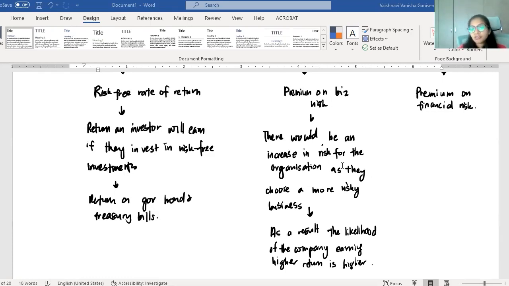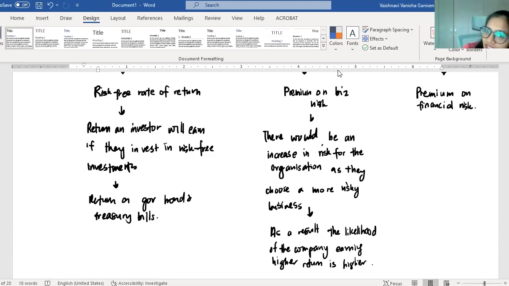So the higher the gearing of a company, right, the higher the financial risk will be to the ordinary shareholders. And as a result, this would drive the investors to require a higher return, and thus it would increase the cost of capital of the organization.